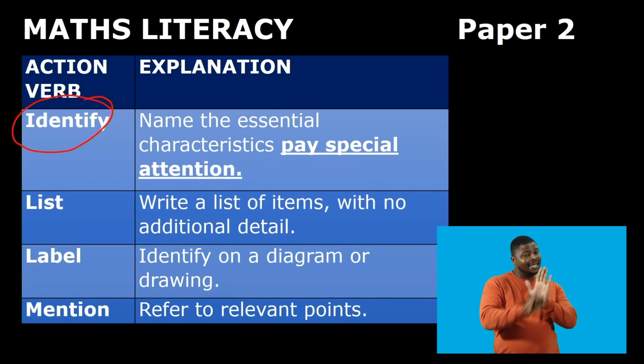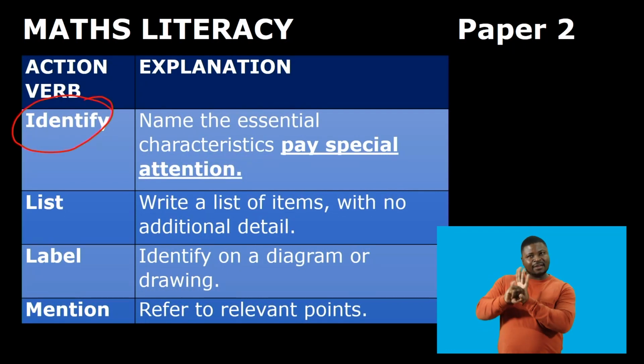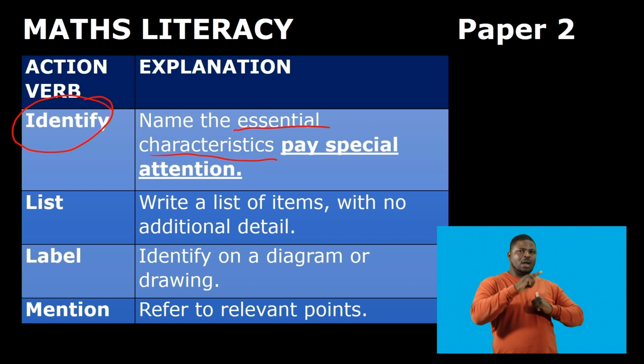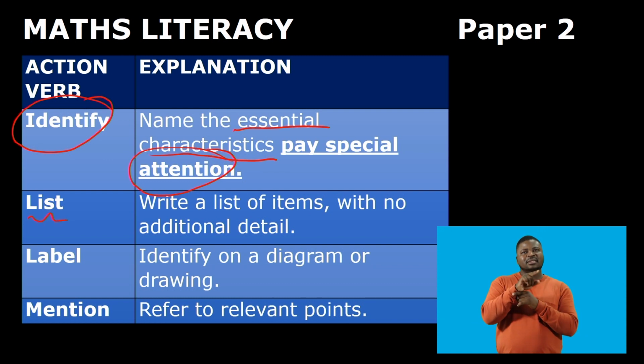Then the last few, identify. Now, identify will be your reading from the table marks, level 1. Name the essential characteristics, but pay special attention to what you need to identify. Then, when we need to list, you need to write a list of items with no additional detail.